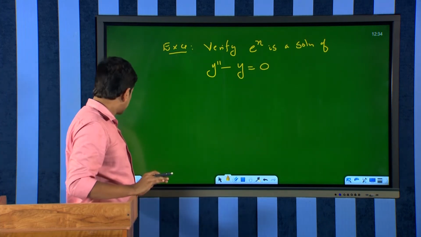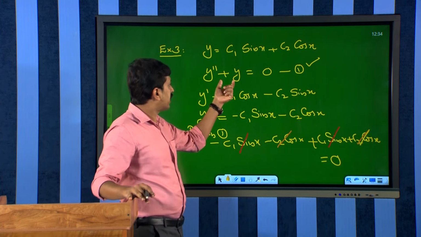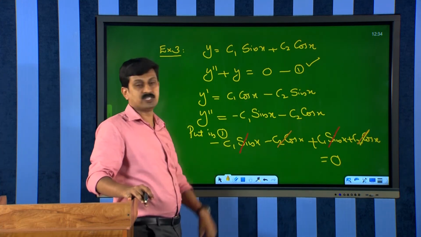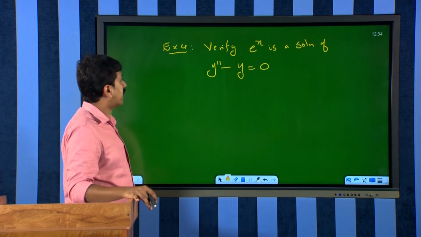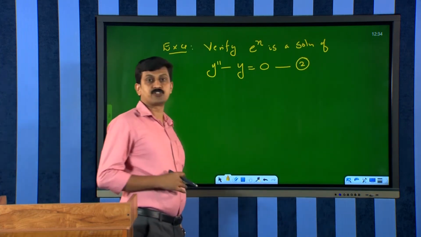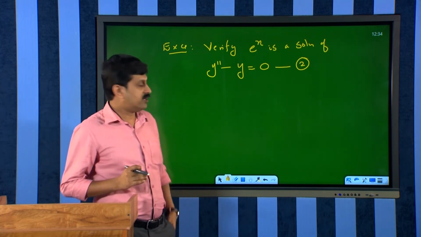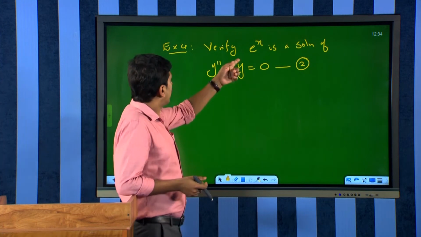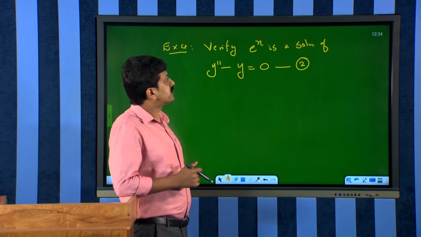See, I just replaced only. Here we have equation 1, y double dash plus y is equal to 0. Instead of that, I changed it for convenience, and I would like to call it equation number 2: y double dash minus y is equal to 0. We have to verify e raised to x is a solution.